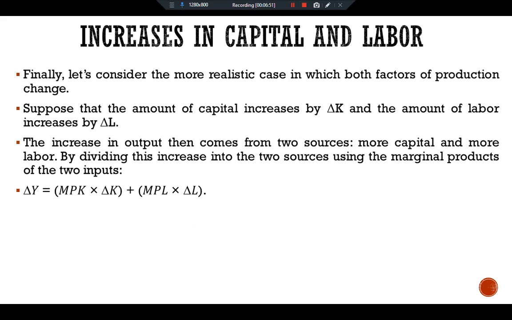This equation shows us how to attribute growth to each factor of production.